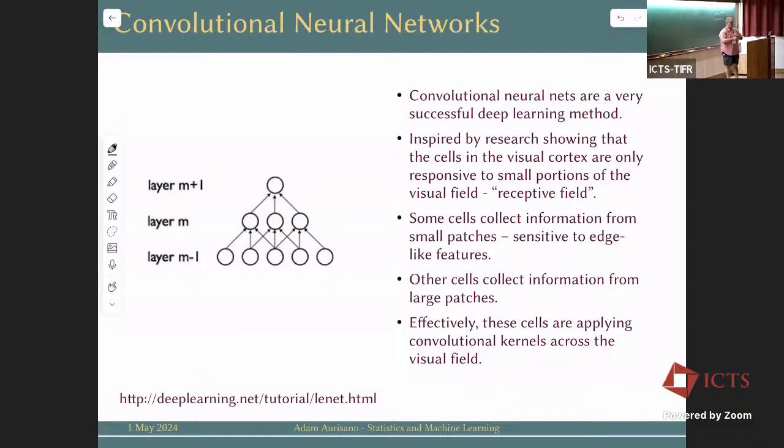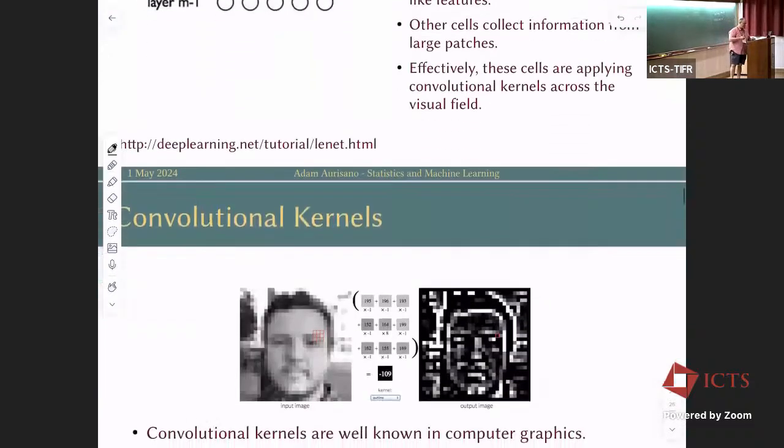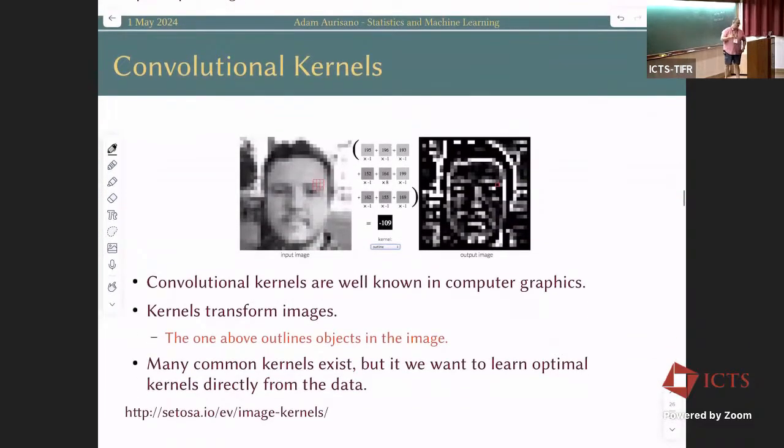So the idea was these cells could be modeled as applying convolutional kernels to the inputs. A convolutional kernel is just a discrete transform where you have a matrix of weights, and you take the dot product of that matrix of weights with a grid of pixels, and then take the output and put it into a new image, right?